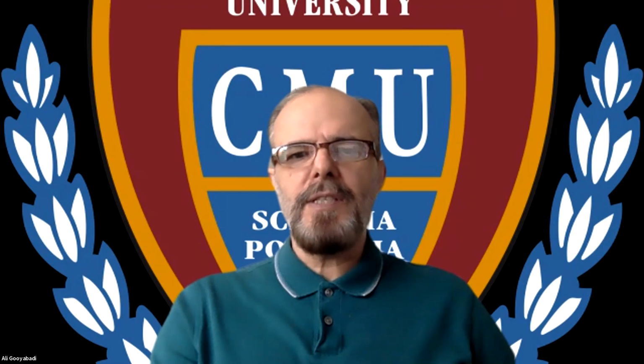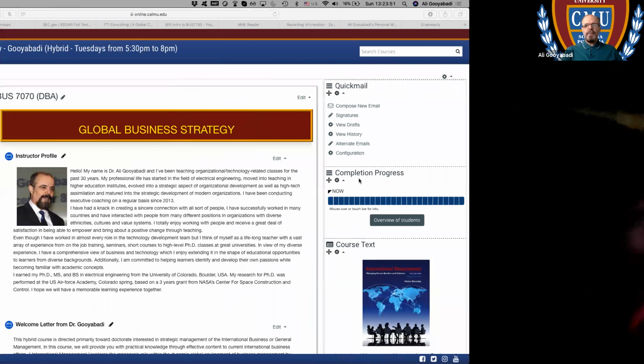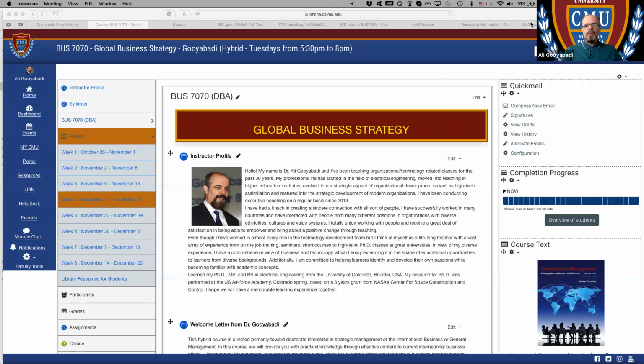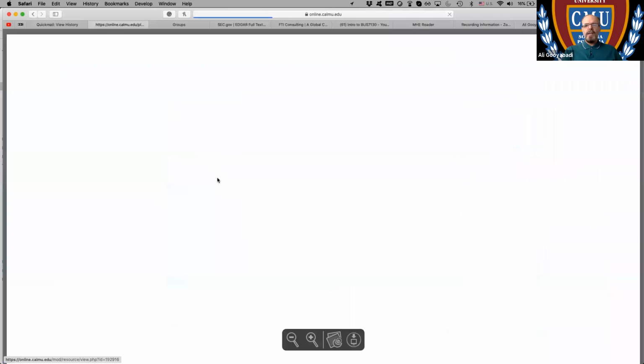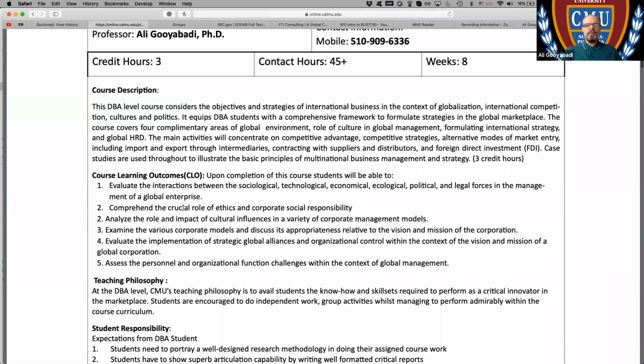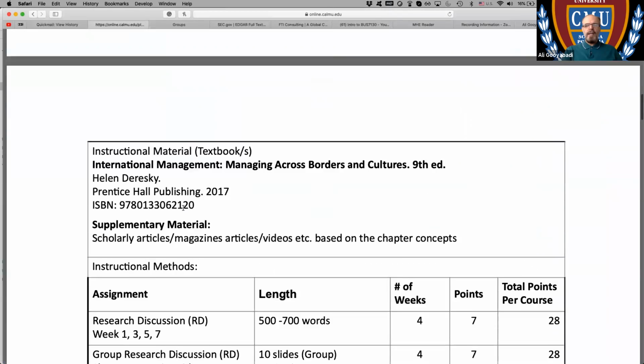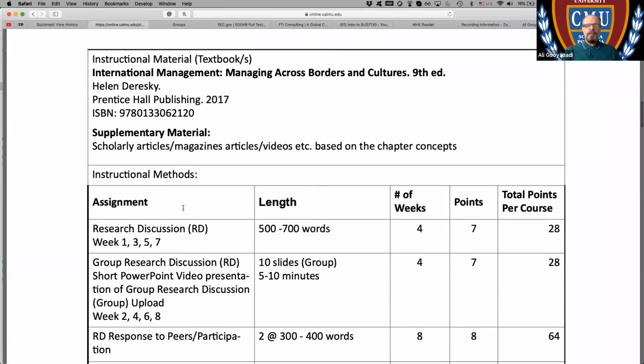Now, with that said, let me take a moment to look at what the course is all about and what one needs to do in order to succeed in it. A course always starts with a syllabus, so make sure you look at our syllabus. It tells you what our course learning outcomes are, and yes, it tells you what you have to do.